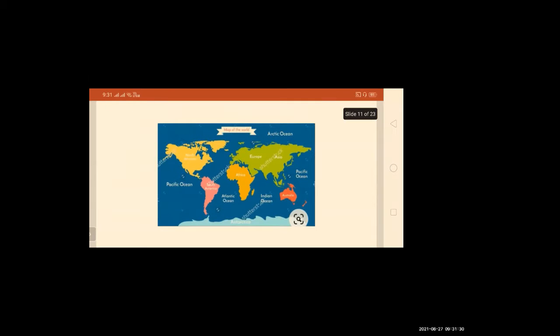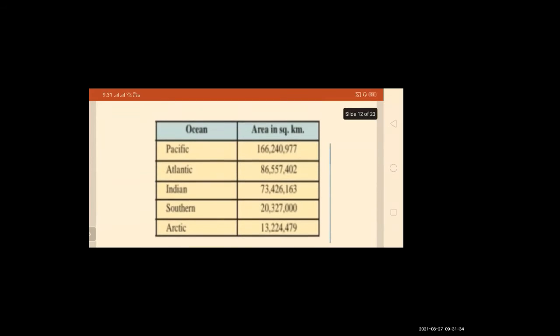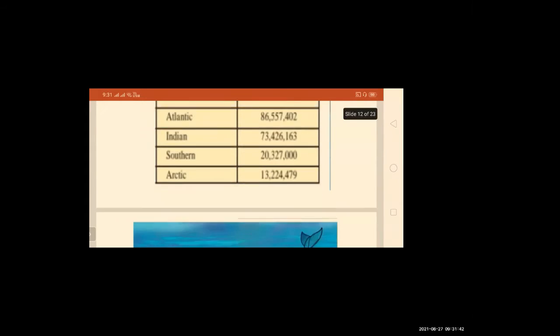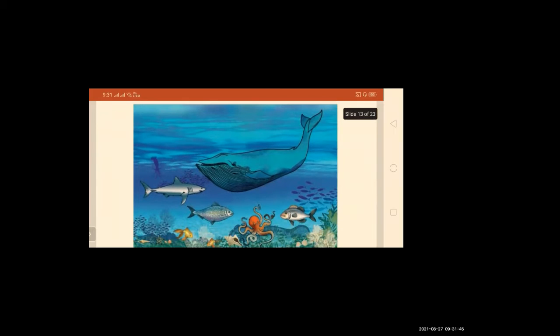Among all these oceans, which is the biggest one? Pacific Ocean. According to the area covered, the biggest ocean is the Pacific Ocean and the smallest ocean is the Arctic Ocean. And we have seen that there is diversity in the living world present in the hydrosphere, which means different types of creatures live in the water also.